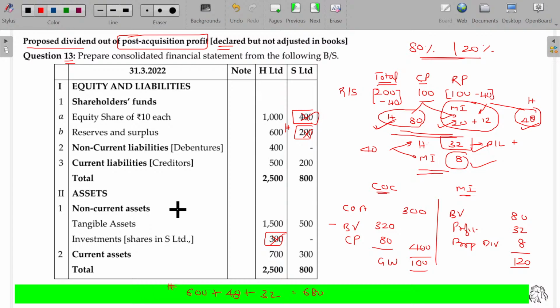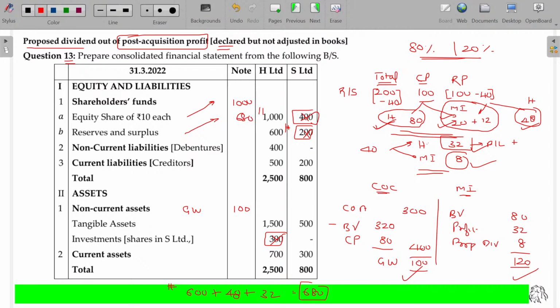So in non-current assets, tangible assets, goodwill being 100 rupees. And equity share capital being 1000. Reserves and surplus, we got this value being 680.